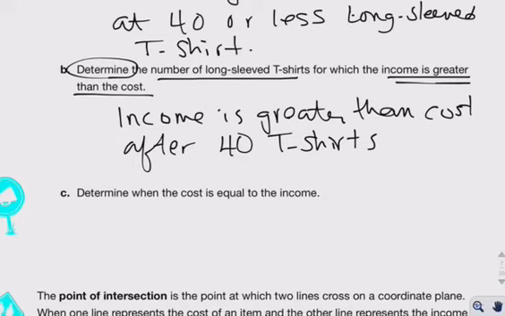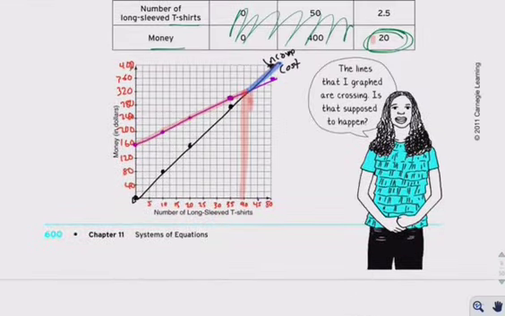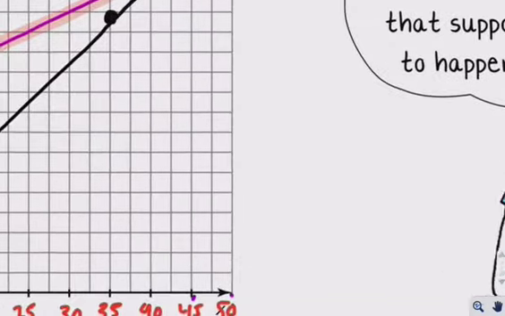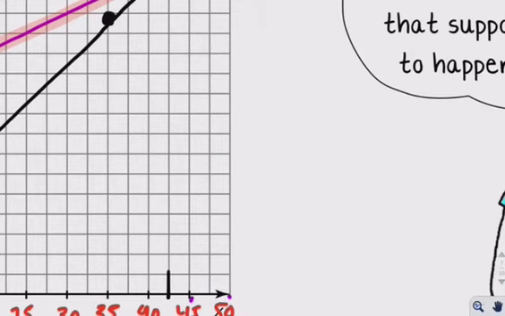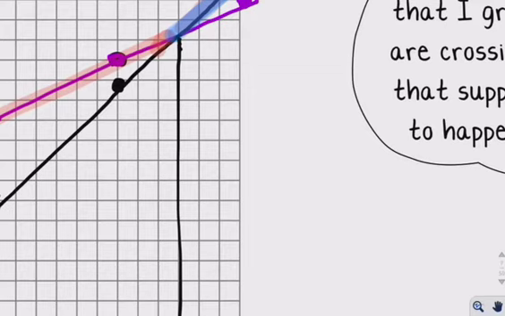Determine when the cost is equal to income. Okay, it's where the line crosses. So the line crossed at about 40, not quite 40. Okay, this line here is 42.5.